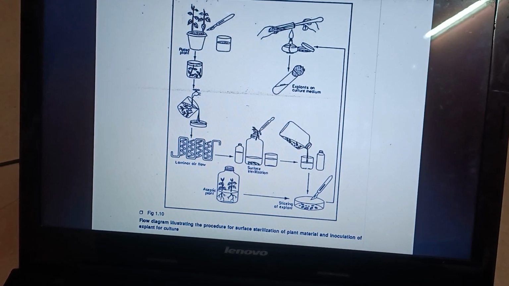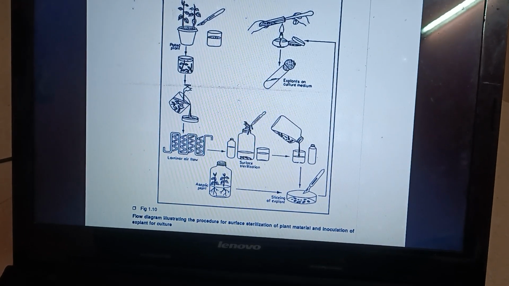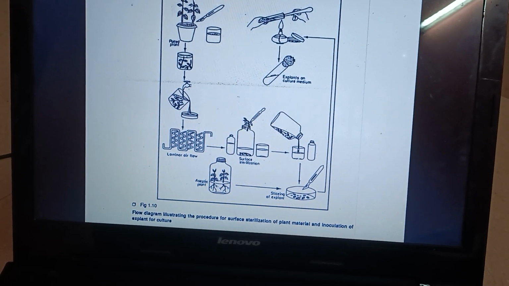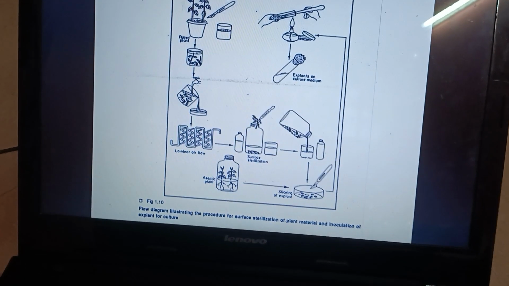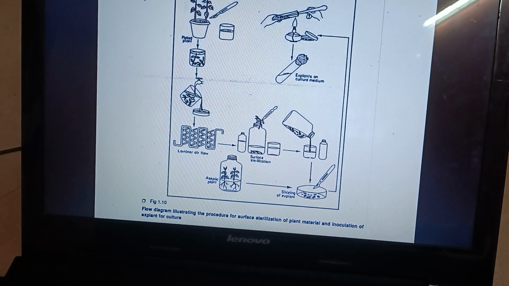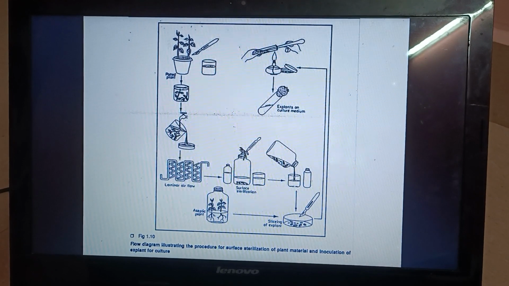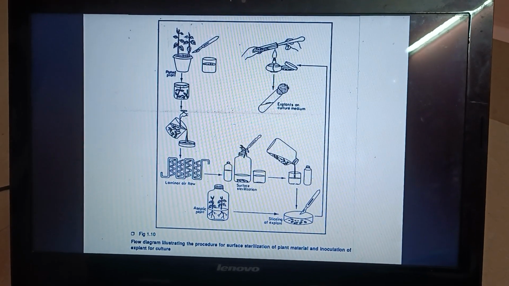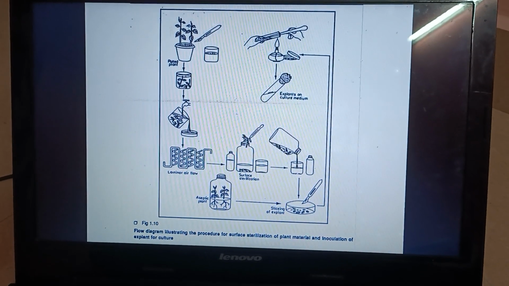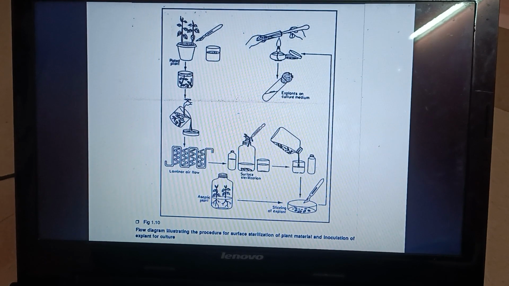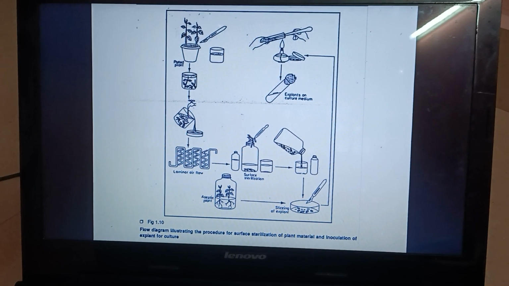Then the surface sterilization is done by slicing the explant using a sterile scalpel, using ethanol and sodium calcium hypochlorite. And after cutting in a sterilized environment, the explant will be inserted into the MS medium.